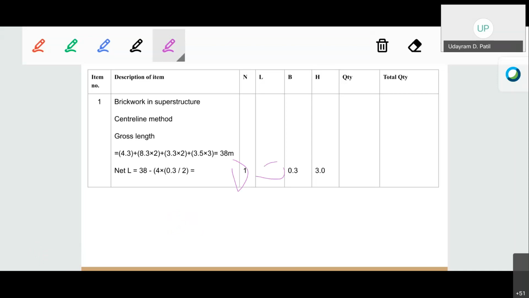Breadth already is 0.3 and height is 3 meter. Calculate the total quantity of the brickwork.